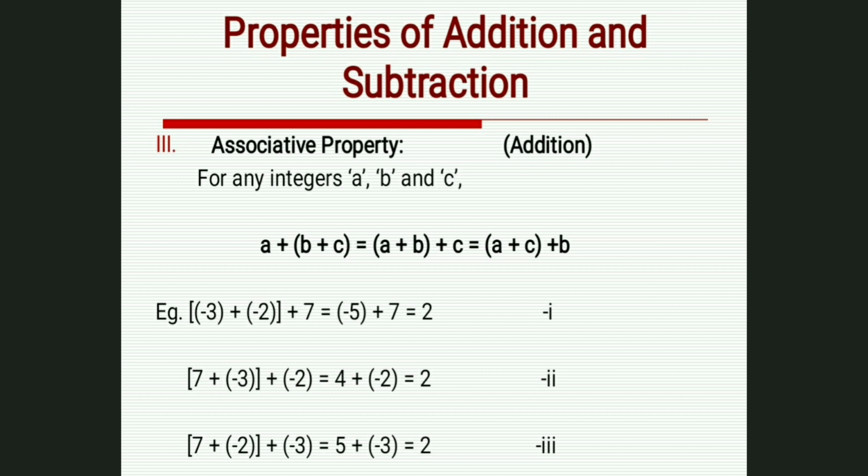Let us understand this for three different integers, 7, -3 and -2. In the first, 7 plus (-3 plus -2) is equal to 2. In the second, (7 plus -3) plus -2, the answer is 2.